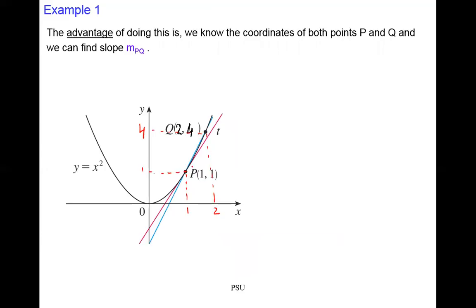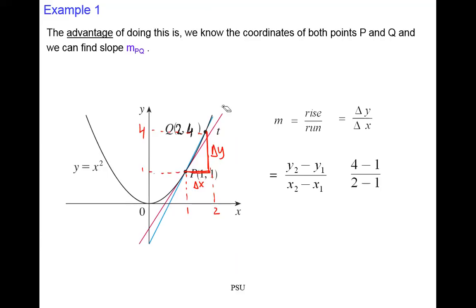And now the slope is, of course, rise over run, our beautiful algebra definition. This is my rise, this is my run. The y value for the point Q is 4.